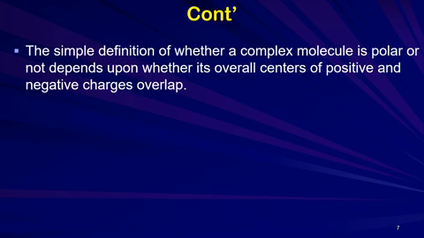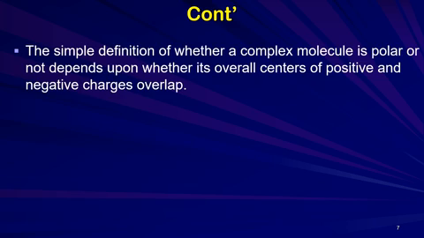A simple definition of whether a complex molecule is polar or not depends upon whether its overall centers of positive and negative charges overlap. We have explained this. If they are in the same position, in the same space, then the molecule will be non-polar.